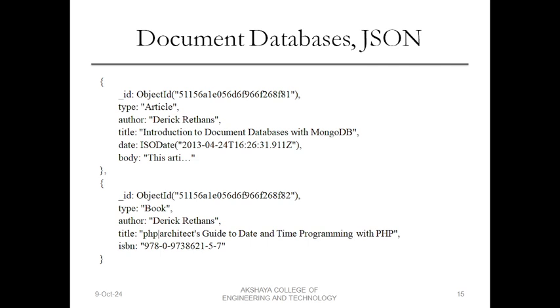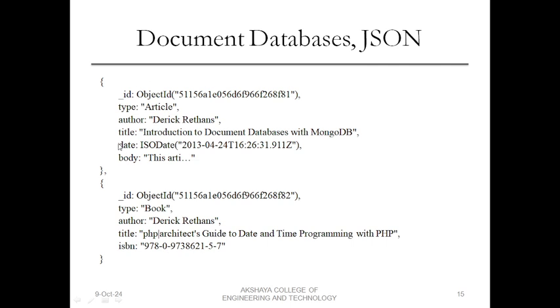So this is an example. This is how JSON looks. Here we can see the key value pairs. Here ID, type, author, title, date, body are all keys, and article and whatever is present in double quotes after the colon are values. So we can see that we have two data records, and both have different fields.